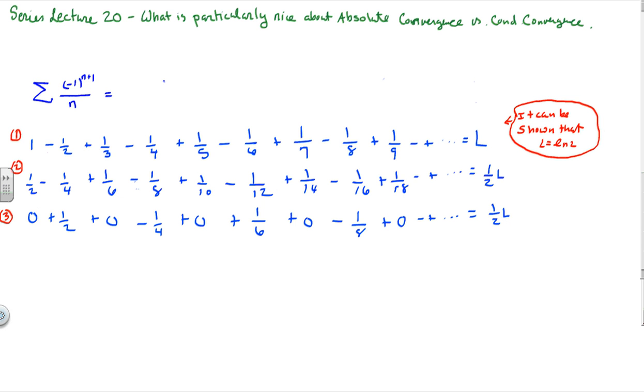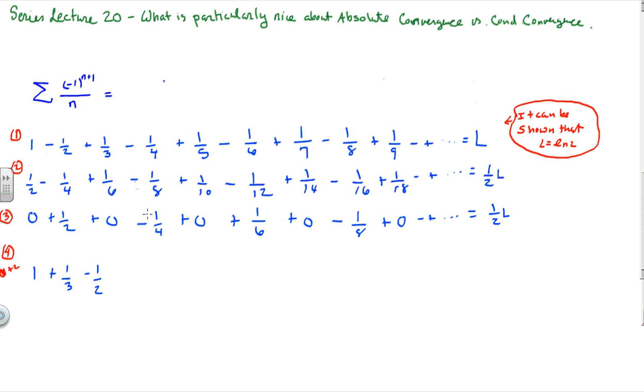So now let's look at this. I'm going to take equation 4. It's going to be equation 1 plus equation 2. So what am I going to get there? Well, I lined it up so I've got terms. So I've got 1. The 1/2s cancel. I get plus 1/3 minus 1/2.